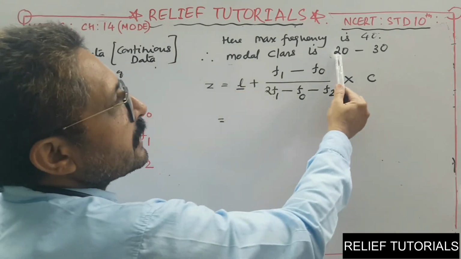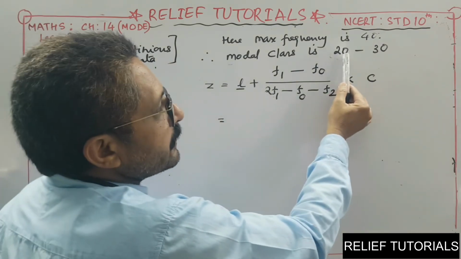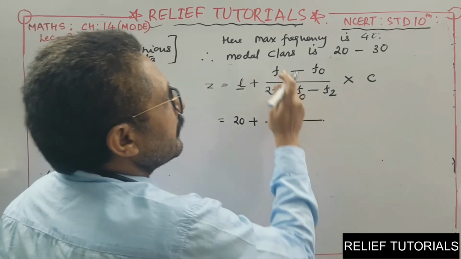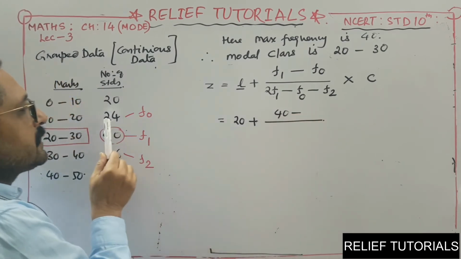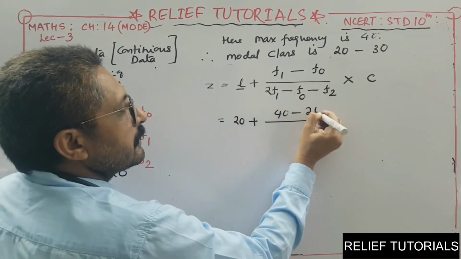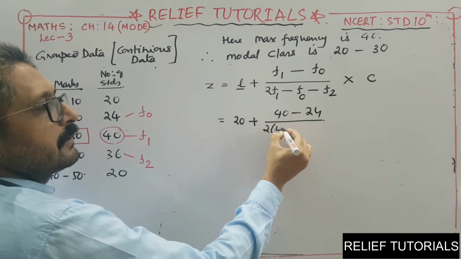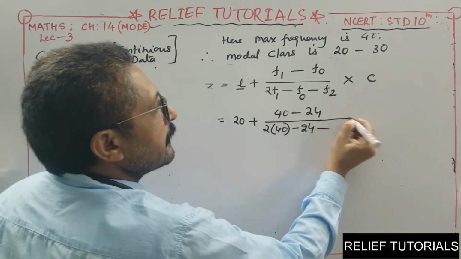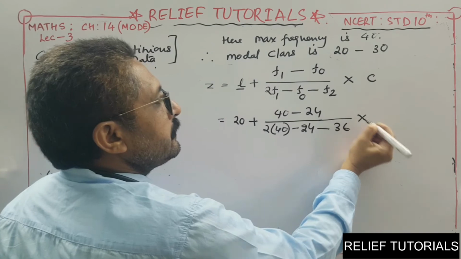The modal class is 20 to 30 and it is continuous, so the lower boundary point is 20, plus F1 which is 40 minus F0 which is 24, over 2 times F1, that is 2 into 40, minus 24 minus F2 which is 36, into class length.